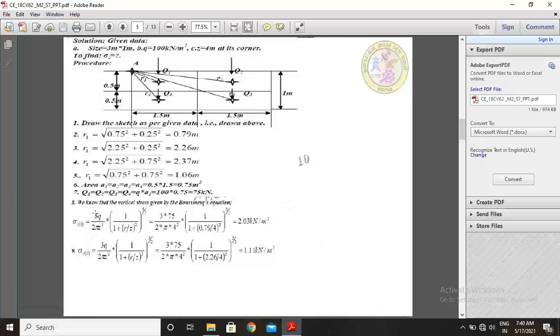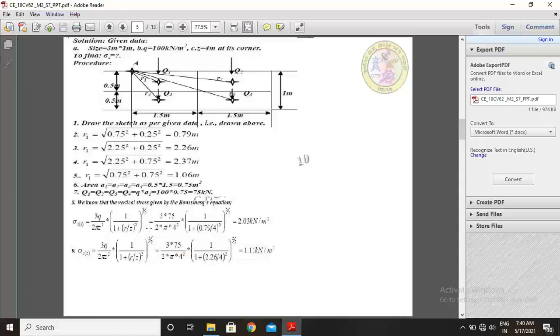Next step, we know that the vertical stress given by the Boussinesq equation for a point load, sigma z, is given by 3q by 2 pi z square into 1 by 1 plus r by z square whole to the power of 5 by 2. Like that you calculate for 4 rectangles.